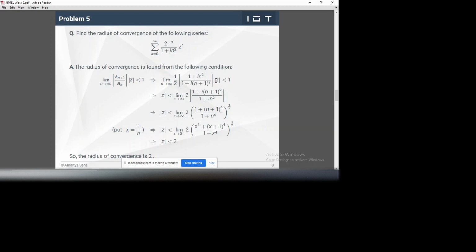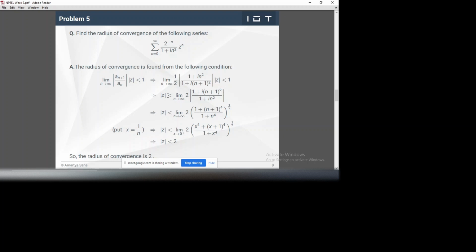So simply take the ratio and we find out that this a_{n+1} by a_n is given by this ratio inside this modulus and multiplied by half. So clearly again we will take this coefficient onto the other side of the inequality.